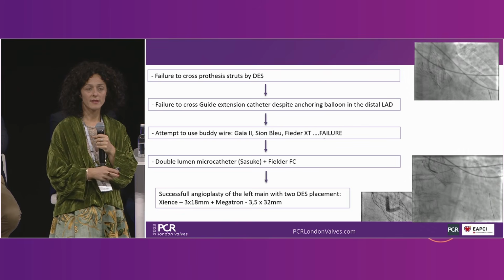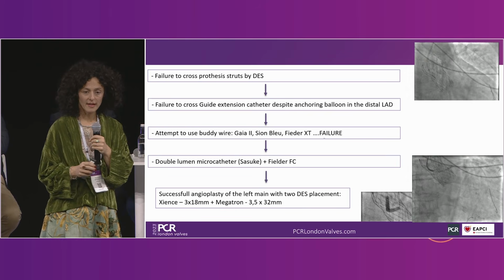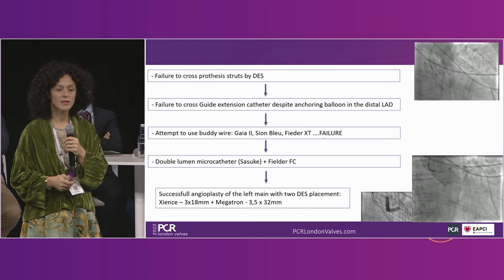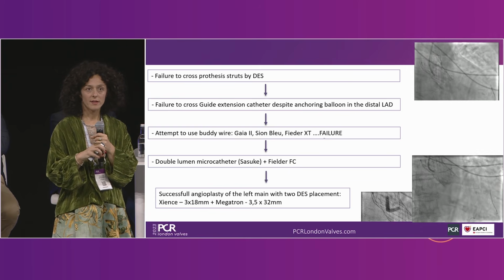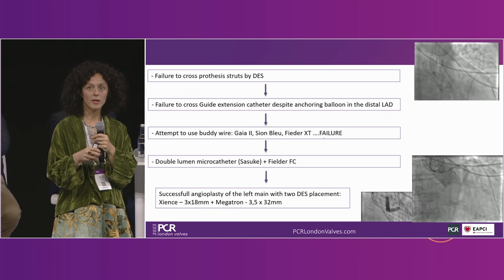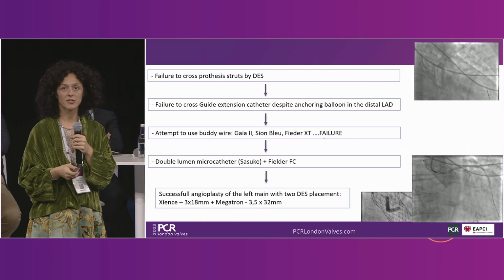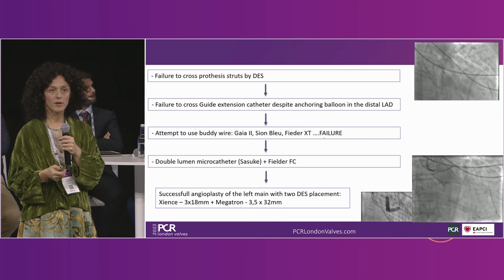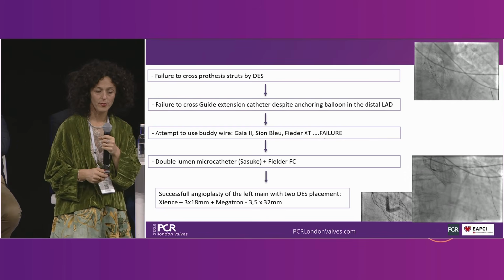The DES couldn't cross the valve struts, even with the anchoring balloon in the distal LAD. We tried to push our guiding extension catheter through over the wire and on the anchoring support.